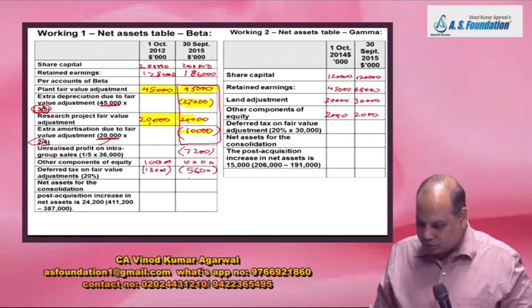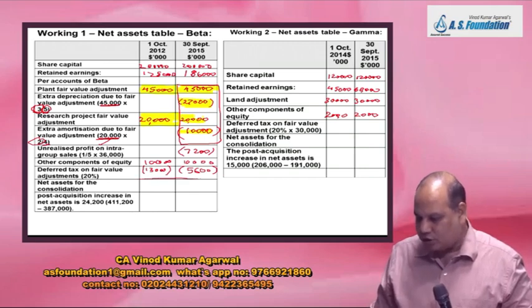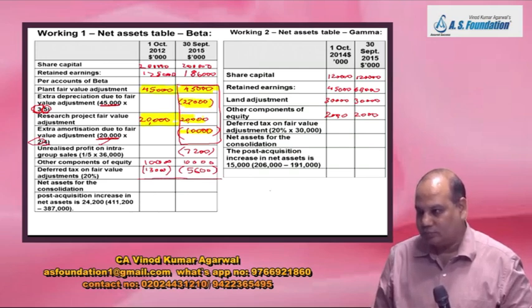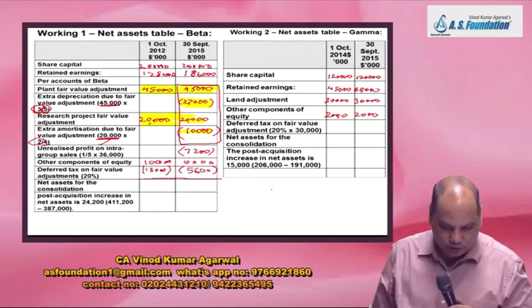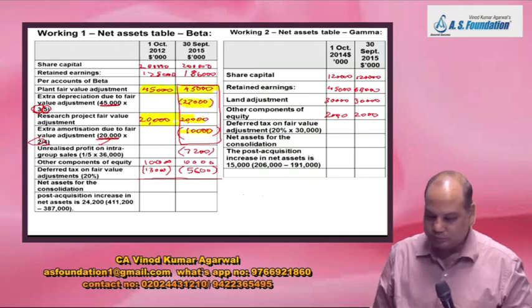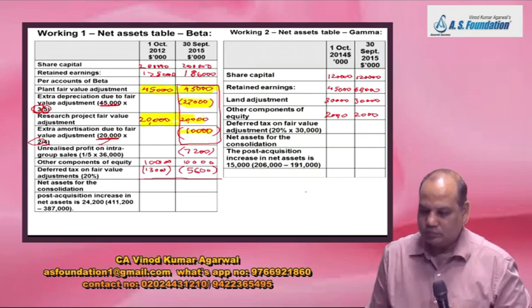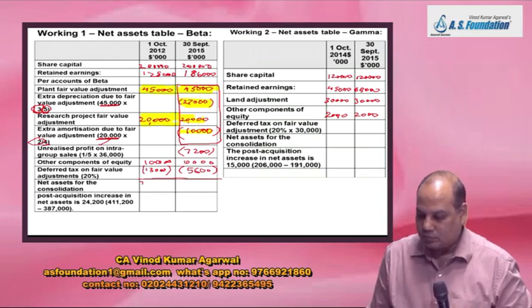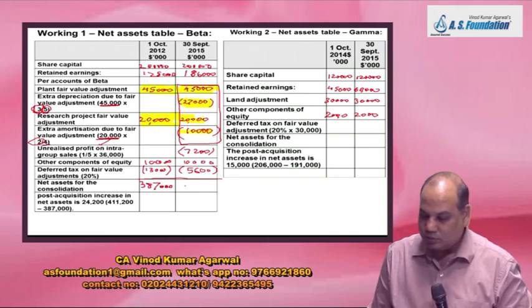Okay. Now you can take the total of net asset. Take total of net asset, 1st October column. 3,87,000. Take total of this last column also. 411,200.